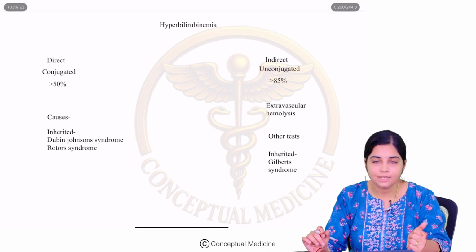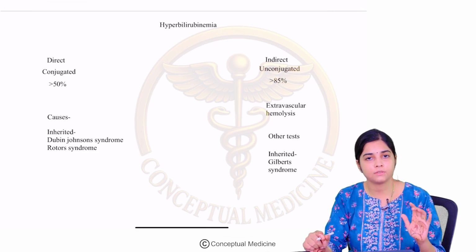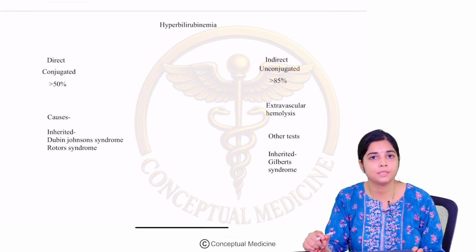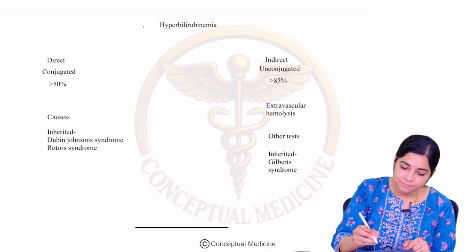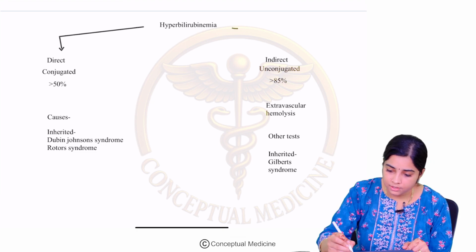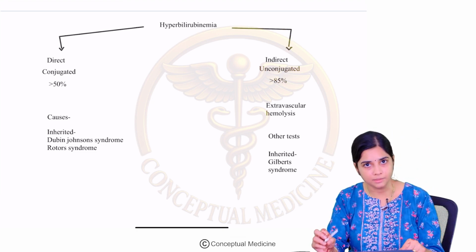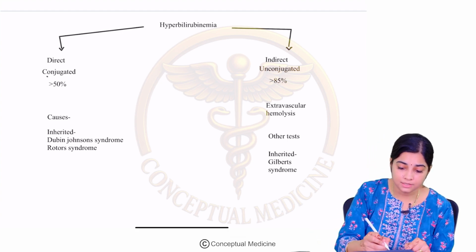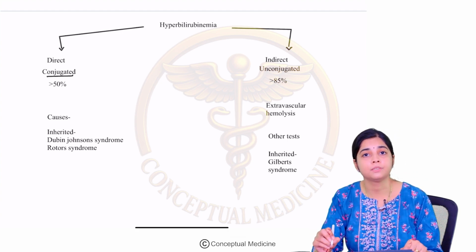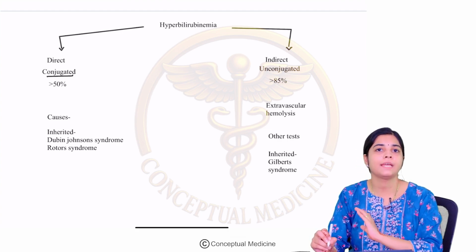Fine. Now let us understand this concept of hyperbilirubinemia, right? Hyperbilirubinemia can be classified into two types, which is your direct hyperbilirubinemia and your indirect hyperbilirubinemia. So direct bilirubin is nothing but your conjugated bilirubin, the bilirubin which you obtain in your bile, or bilirubin which you measure as your direct fraction.